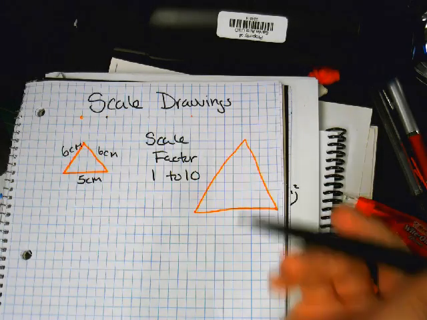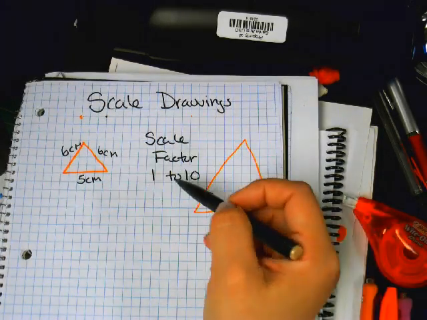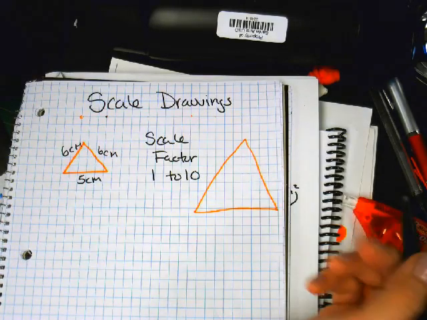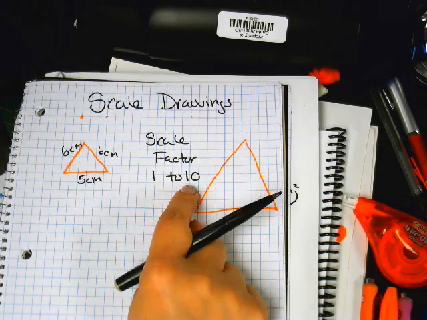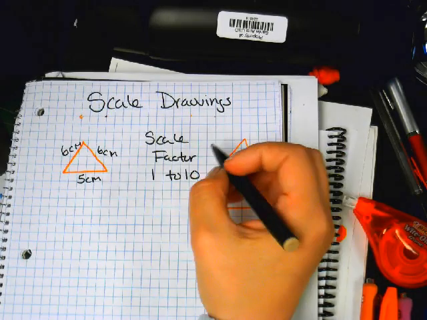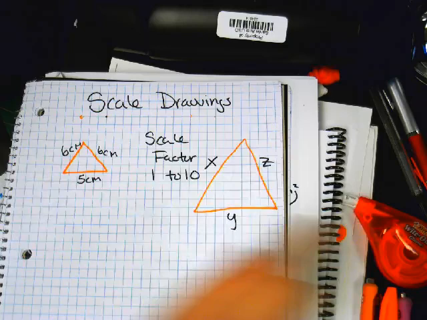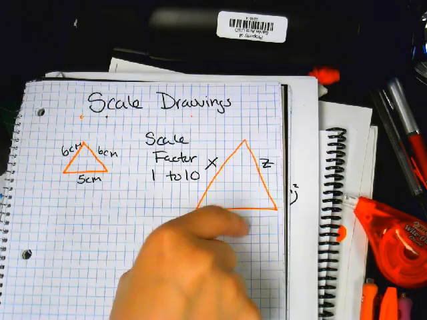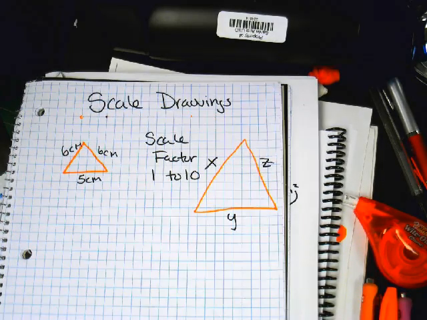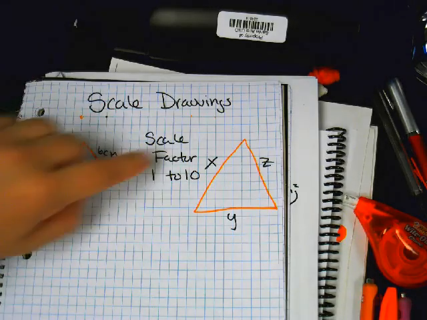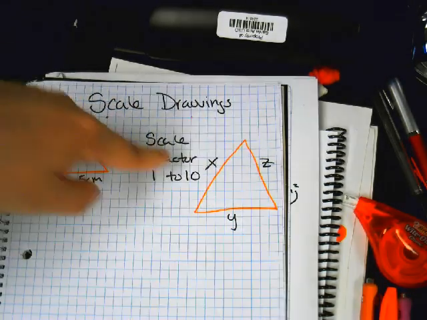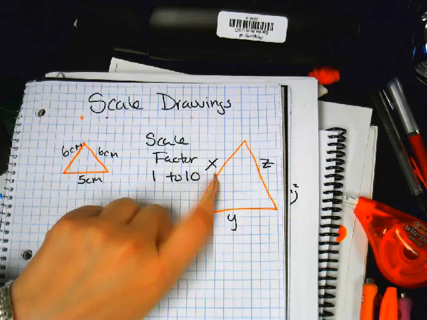Okay. So I want a scale factor of 1 to 10. So I'm going to blow this up 10 times. So I'm going to call this X, Y, Z. Can you tell me what would be the new measurement of X, Y, Z? If the scale factor is 1 to 10, what would the new measurement of X, Y, and Z be?